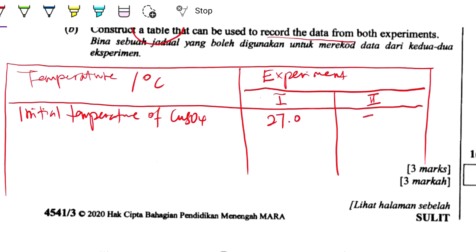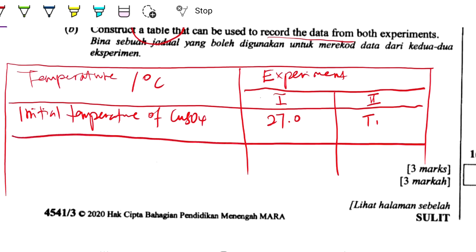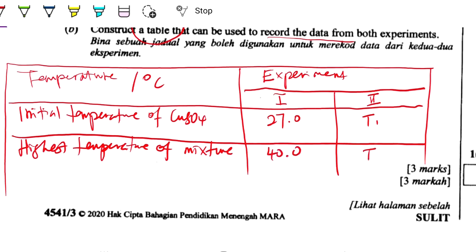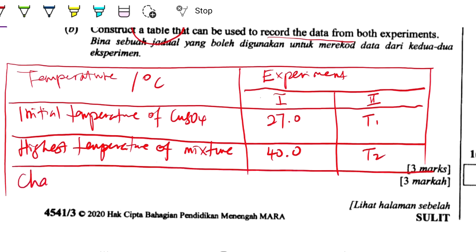This is T1, not given. Next, the highest temperature of the mixture; this one is T2. Then after that will be the change in temperature.